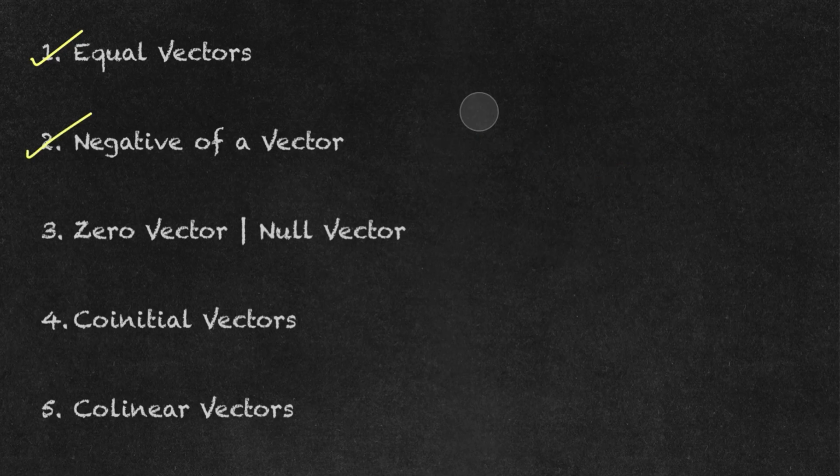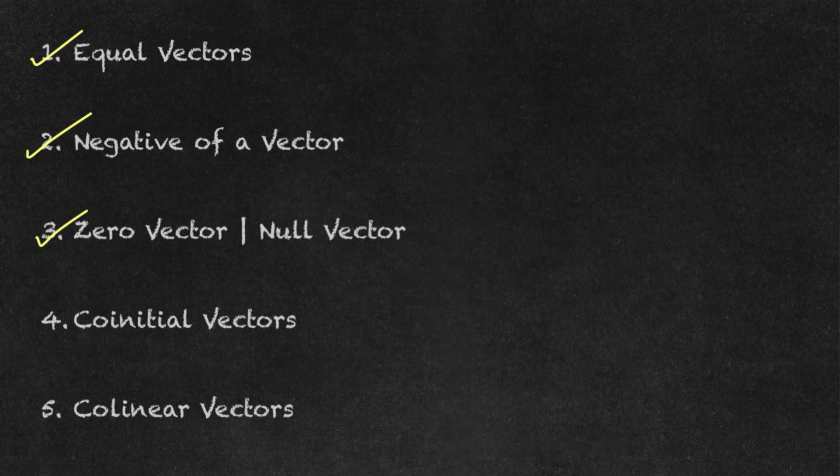Number three, zero vector or null vector. Any vector whose magnitude is 0 is called a null vector or zero vector. So if there is a vector A and if its magnitude, so we denote its magnitude with this bar sign here. So if the magnitude of any vector is 0, then this vector is called a null vector. Number 4, co-initial vectors.